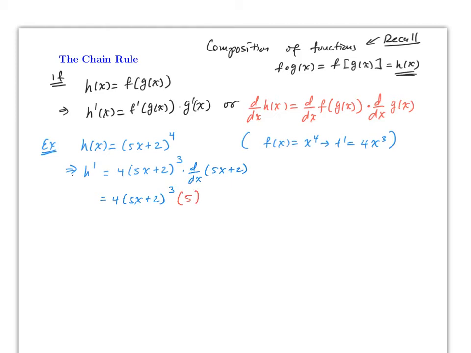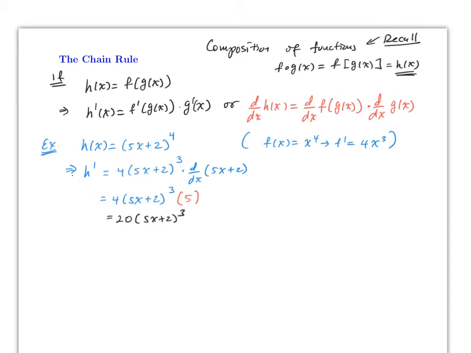And therefore this will give you 20 times (5x plus 2) cubed. That's it. Now, if the chain rule didn't exist, then you could use the product rule, but because this is to the 4th power, you have to do the product rule 4 times. And that will take you a long time. And once you simplify, you will still end up with this. So for these questions, the chain rule is way faster than the product rule.